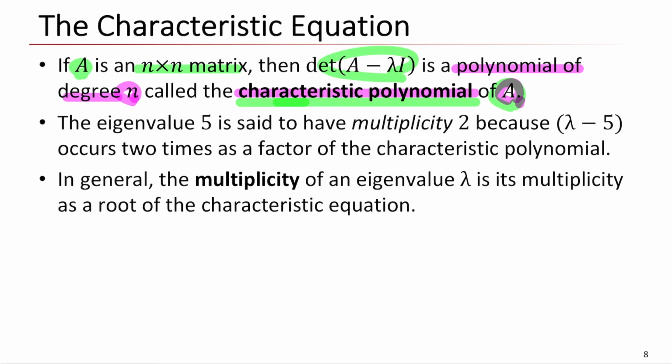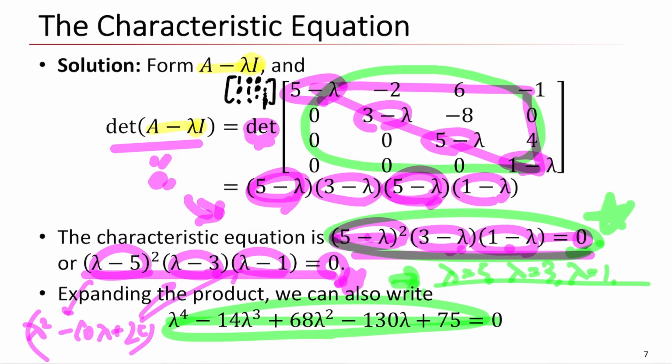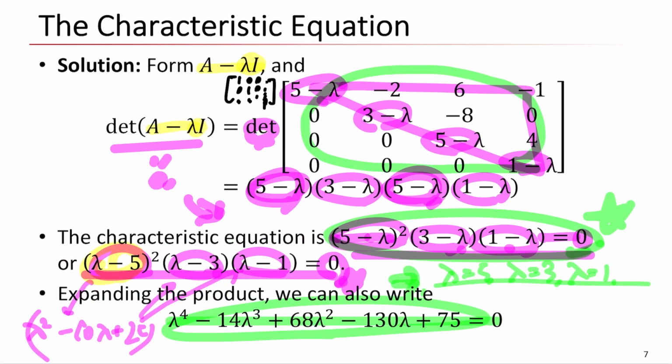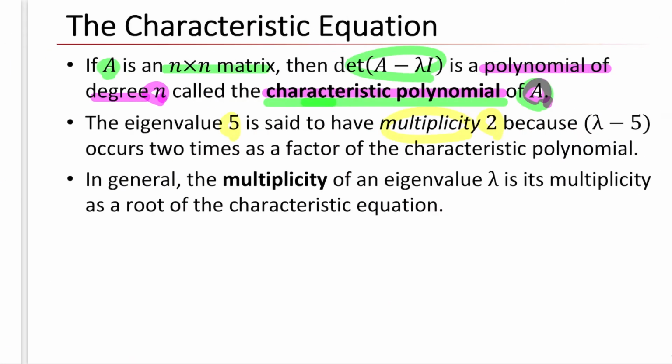And there are some concepts. First of all, the eigenvalue 5 here is said to have multiplicity 2, right? Because the other terms have only 1, but when lambda is equal to 5, it has the square term.